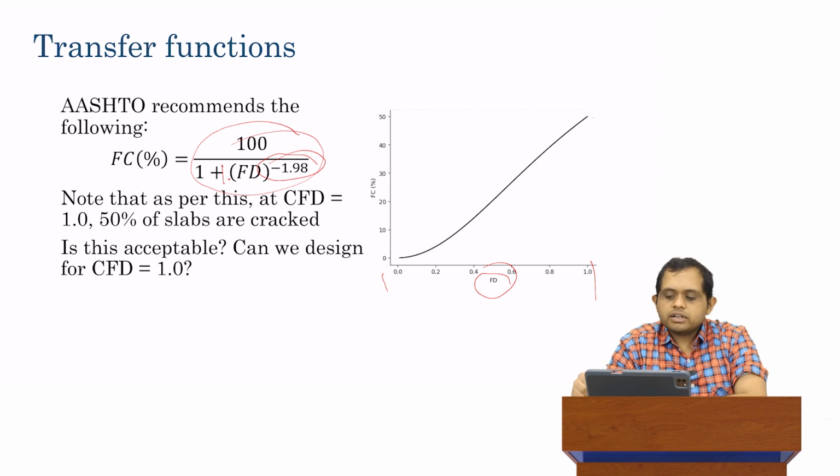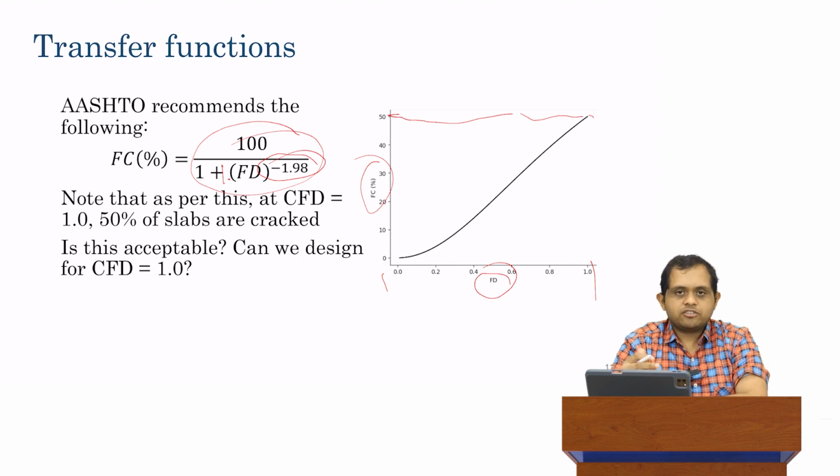So what I see over here at FD equal to 1 is that I actually have a fatigue cracking of approximately 50%. What that is saying is that if I have a pavement where the cumulative fatigue damage is equal to 1, then as per this empirical correlation, 50% of my slabs are cracked.